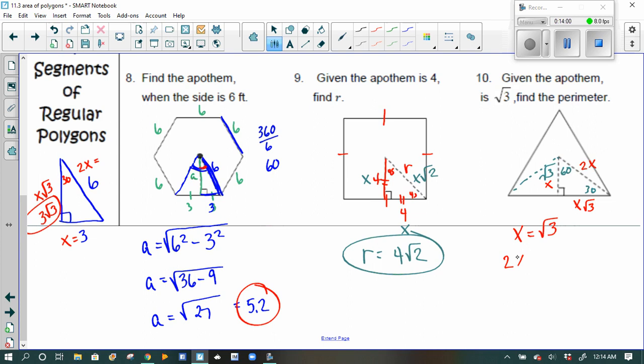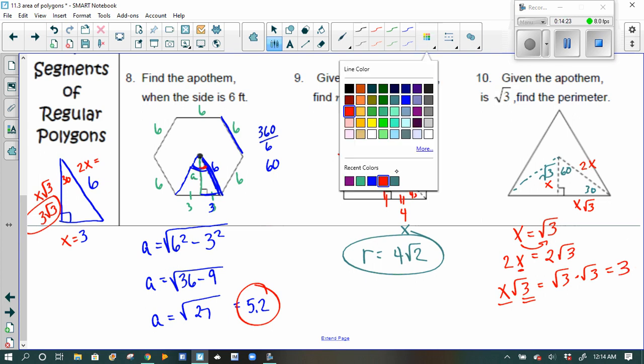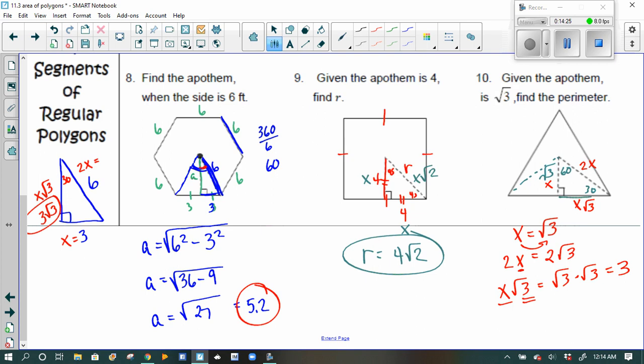So 2x is equal to 2 square root of 3, because we're just going to replace x with what x is actually equal to. Then we have x square root of 3. Well, if x is the square root of 3, and then we have a square root of 3, the square root of 3 times the square root of 3 is 3. So that means that this side is 3.